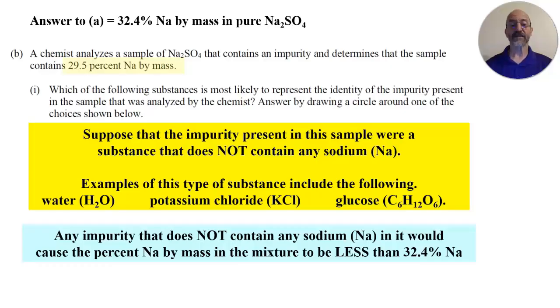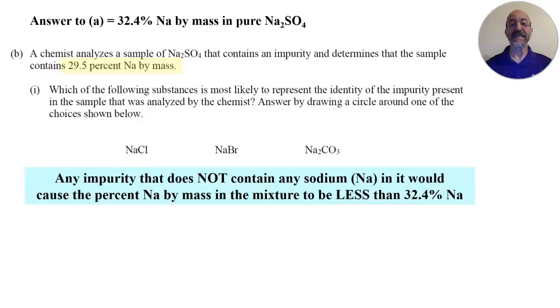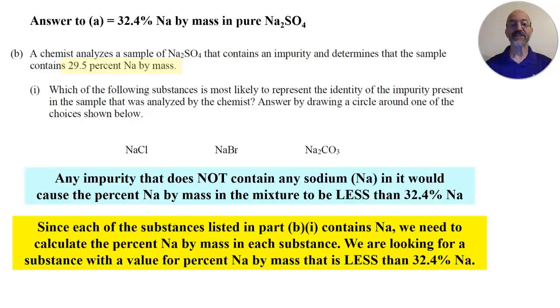So at first glance, you might feel that this question's a little challenging since each of these substances listed in part BI contains sodium. So since each of the substances listed in part BI contains sodium, what we need to do is to calculate the percent of sodium by mass in each of these 3 substances.